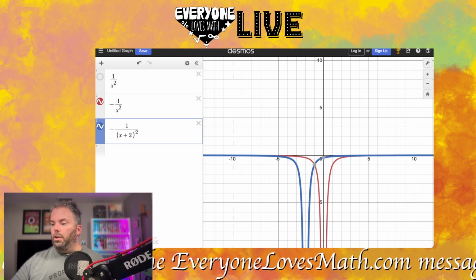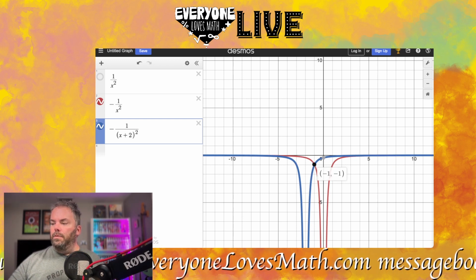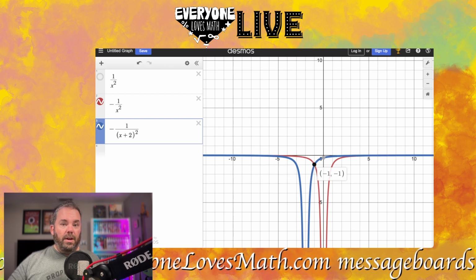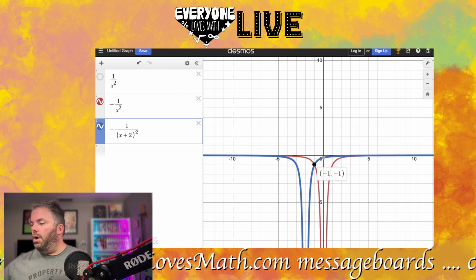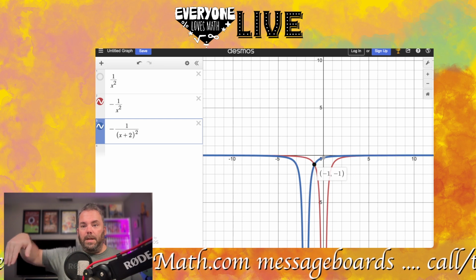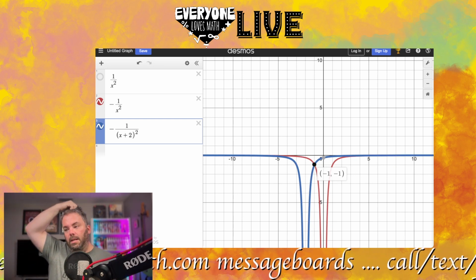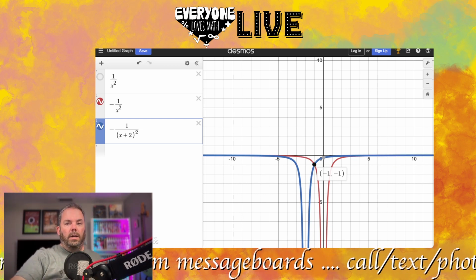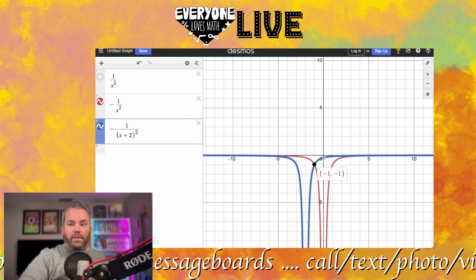And you can pick a point, any point, and move 2 units to the left, and it hooks up on that other graph. So sure enough, this thing is flipped upside down and moved 2 units to the left. All right, that is our answer for that.